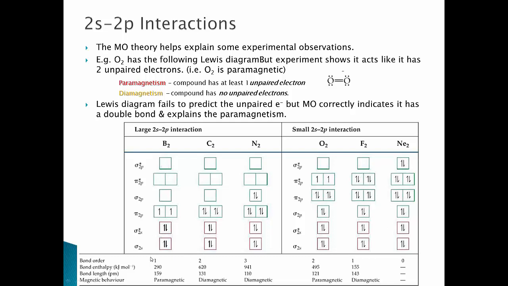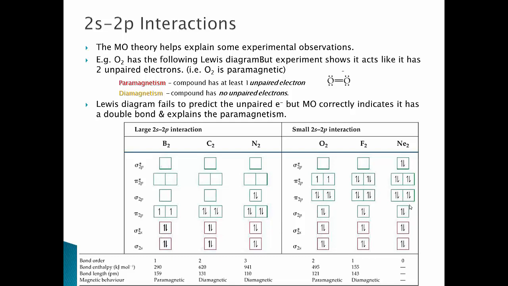You can see that we have paramagnetism on a couple of these, and the rest are diamagnetic. Remember, paramagnetic means there are unpaired electrons, whereas diamagnetic means there are no unpaired electrons. So our boron has unpaired and our oxygen has unpaired, whereas the rest of them don't have unpaired electrons.